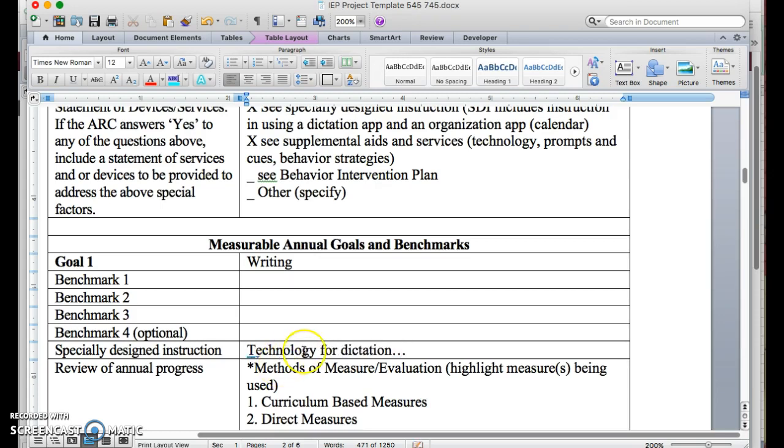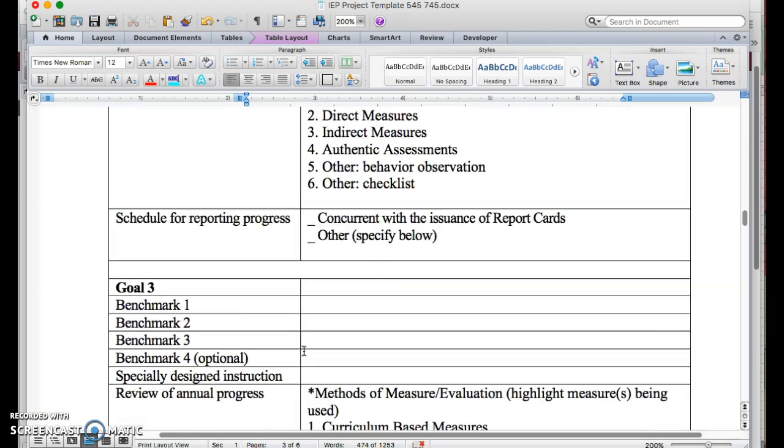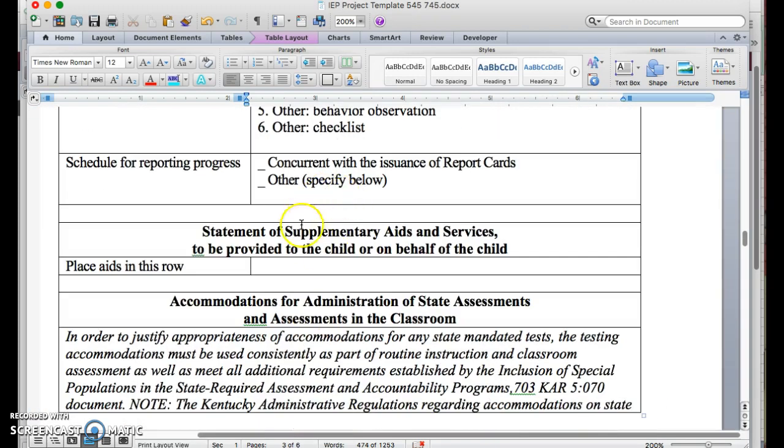All of that needs to be included there. And then when I'm going down further under those supplementary aids and services, I'm going to list all of those supports right here. So where I said that they would get behavior supports and prompting and cueing, that goes here.